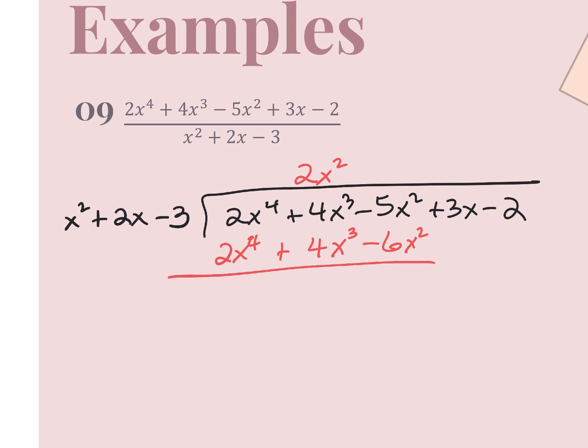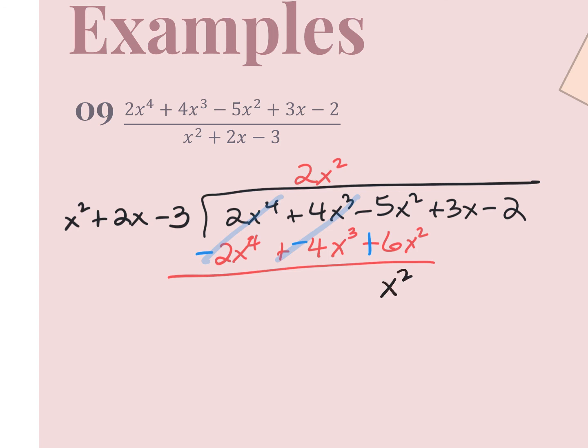Change all the signs to opposites. And now, this time, 2 of my terms are canceling. Add negative 5 plus 6, and I get 1x squared.